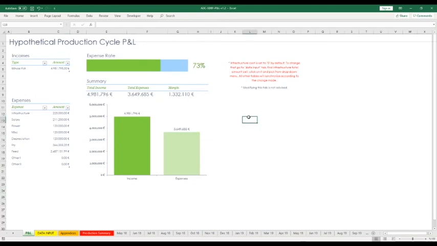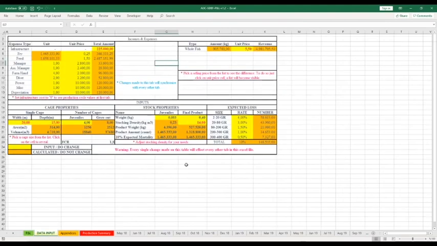Anyway, here we have a cycle. We have our expenses on the left, and we have our incomes, and a fancy income-expense graph showing our profit margin. And we have another sheet, which is the main area where we put our data to calculate the RAS: the price of a fry, how much we bought it for, the feed, the manager salaries, other costs, and the tank size.